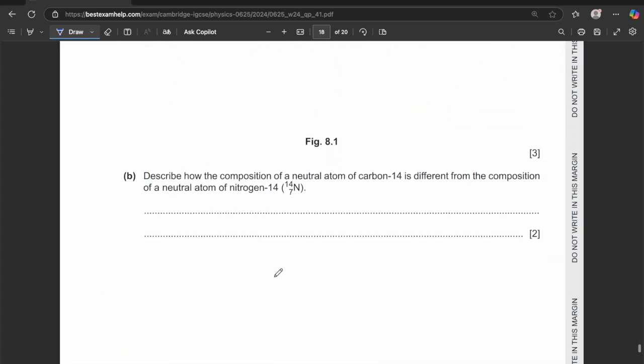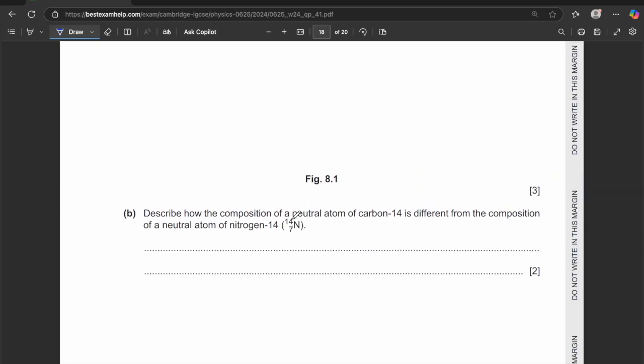So B, describe how the composition of a neutral atom of carbon-14 is different from the composition of a neutral atom of nitrogen-14. So the number of electrons and protons will be different, right? And then the neutron number will also be different. So we can write something like, how the carbon atom is different.